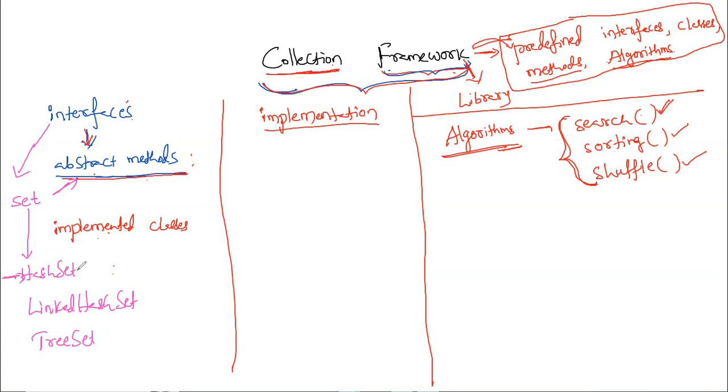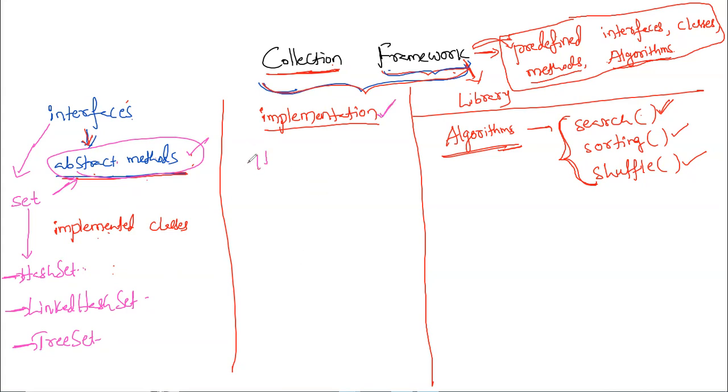Depending on the requirement, HashSet implements these abstract methods in its own class, one time. LinkedHashSet also has the implementation of the same methods according to linked hash properties. TreeSet also has the implementation of these abstract methods according to its properties. So the implementation is already done, and as a programmer, we don't need to bother about it.